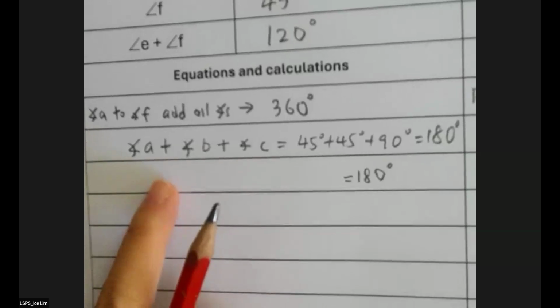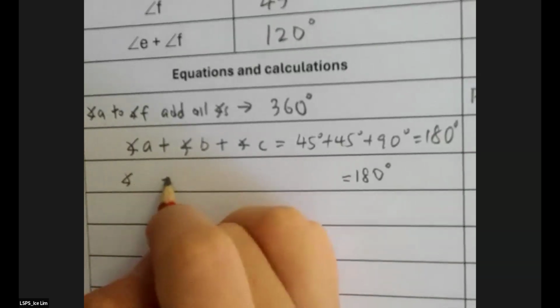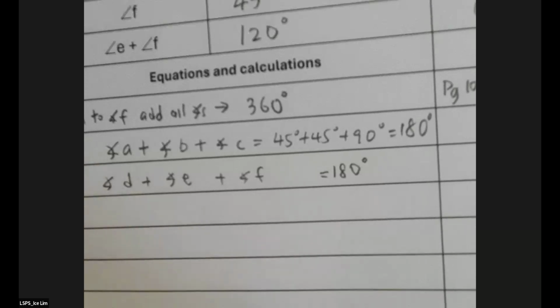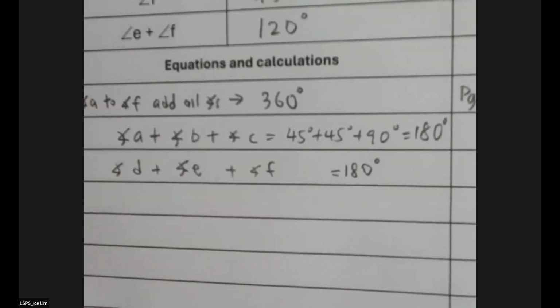Each group needs to give me one more addition equation. Tell me what are the angles that add up to 180. D, E, and F. Thank you, Sharon. Sharon says she has angle D plus angle E plus angle F. That's also 180 degrees. Anything else? Adrian, have you written it down?